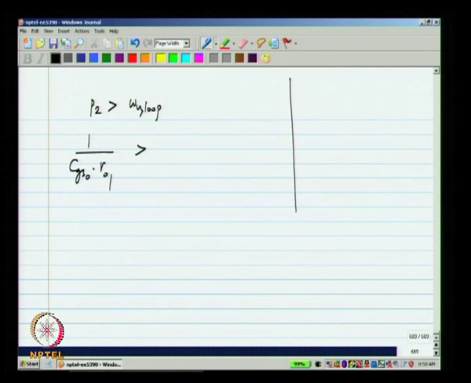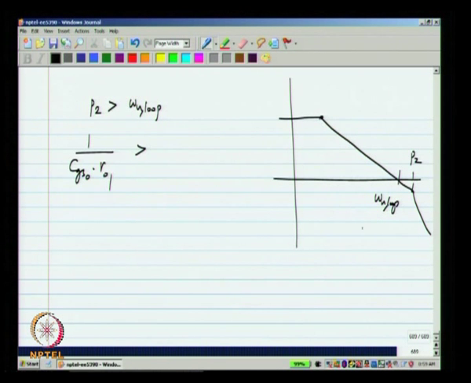If it is designed well, we would have a single pole type of response and P2 somewhere over there, and this omega u loop will be approximately A naught times P1, where this is P1 and that is A naught.